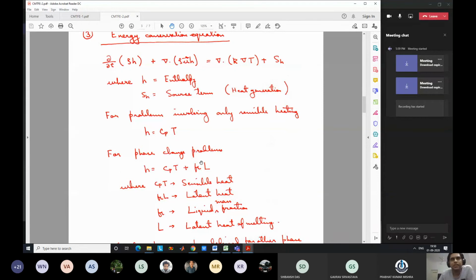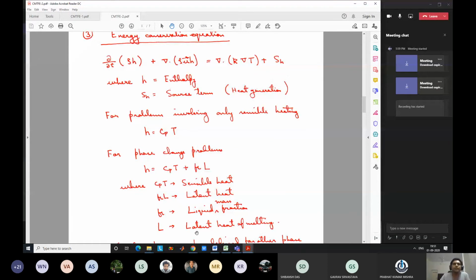And in between, say you have 50% solid and 50% liquid, then the energy of that control volume should have 50% of latent heat, right? Because 50% is liquid and the rest of the 50% does not have any latent heat. So you have 0.5 into L.